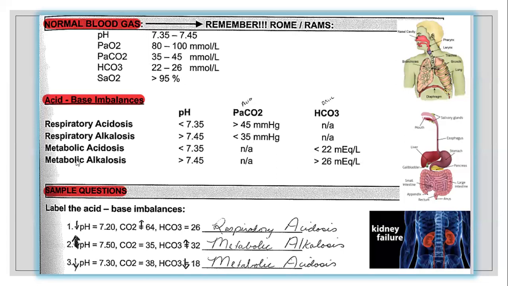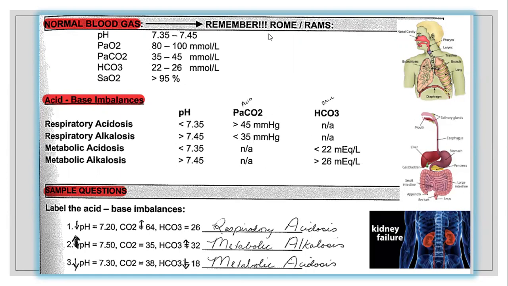In case of metabolic alkalosis, pH value is more than the upper normal limit, 7.45. It is metabolic, so bicarbonate ion is the marker, and it is more than the upper normal limit. Partial pressure of carbon dioxide is normal.